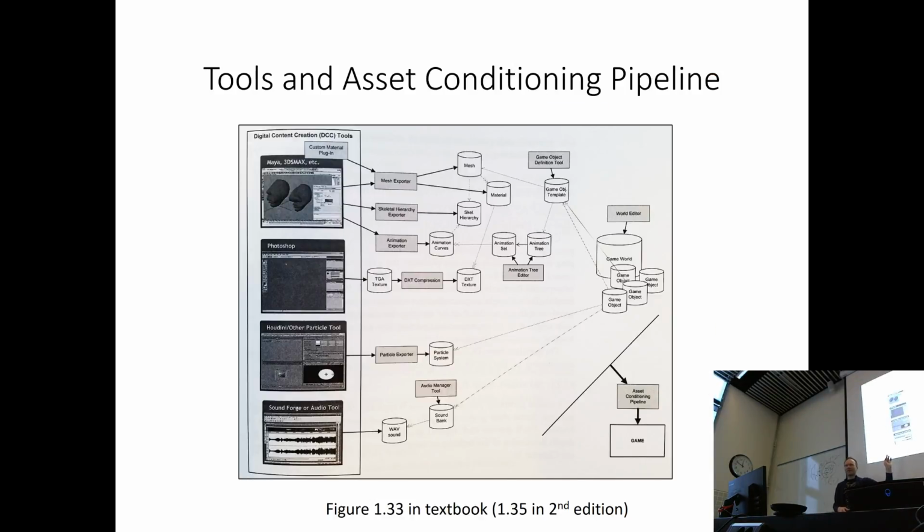So maybe your final project is a piece of the asset conditioning pipeline, something that takes an asset and does something with it, allows you to maybe modify or edit it, and then bring it in. Ogre comes with some tools like this, and so you already have a little bit of an asset conditioning pipeline that is part of Ogre, but it doesn't necessarily cover everything, and so you have an opportunity to maybe bring in other assets and work with other assets.